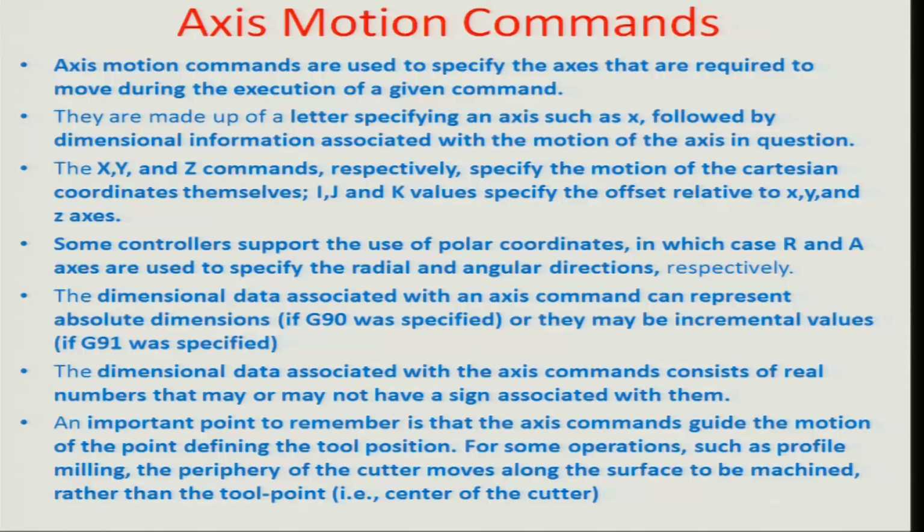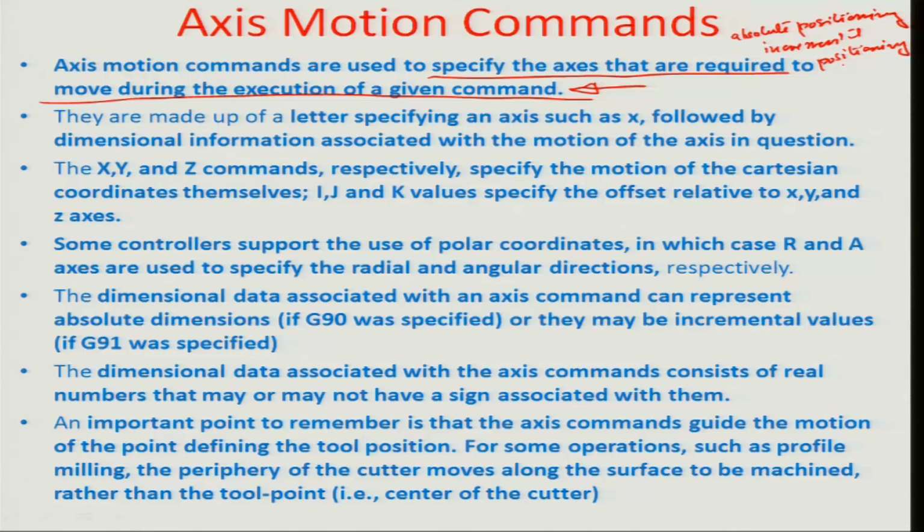These are the set of commands which are used to specify the axes that are required to move during the execution of a given command. There are two different possibilities here. One is absolute positioning, and another is incremental. I think we had talked about this in quite a detailed manner earlier.